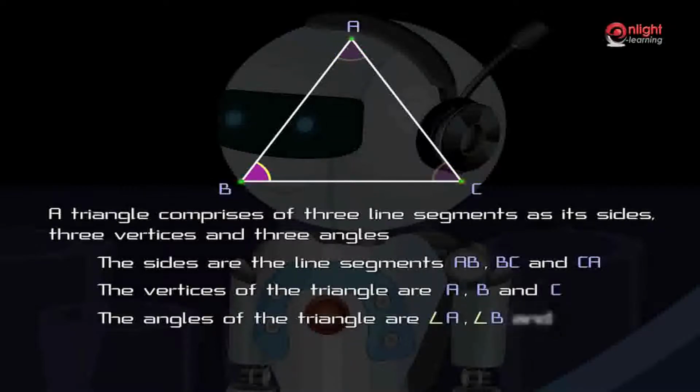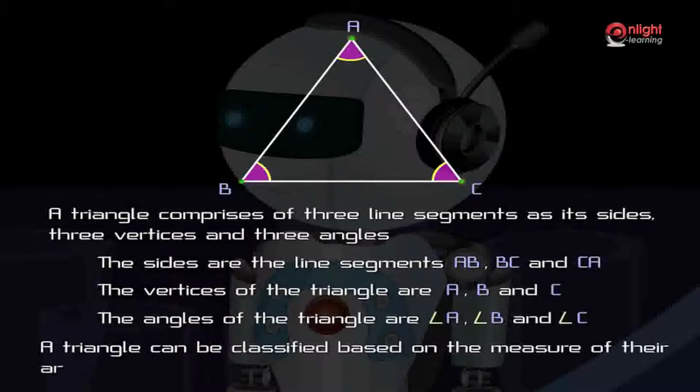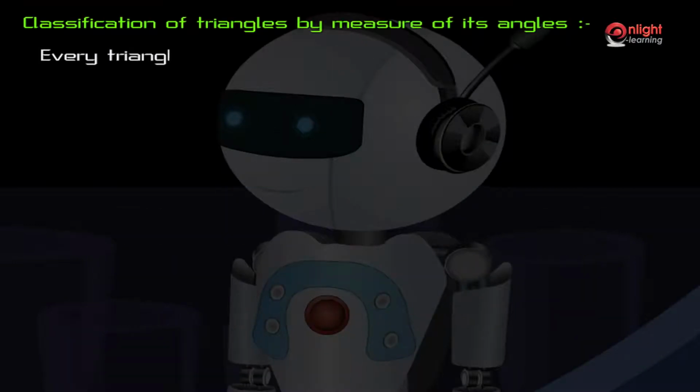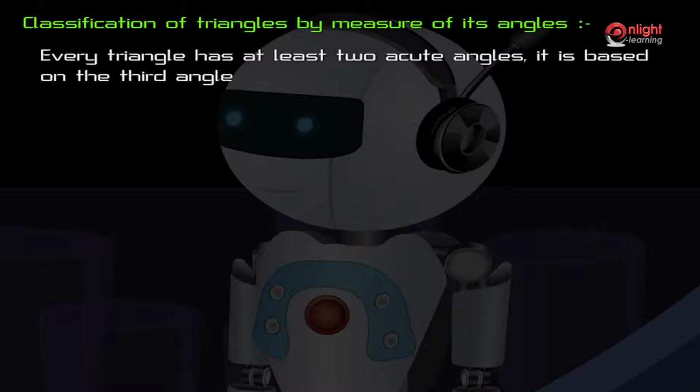A triangle can be classified based on the measure of their angles and the lengths of their sides. Let us first consider the classification of triangles based on the size of their angles. Every triangle has at least 2 acute angles. It is based on the third angle that the classifications are done.